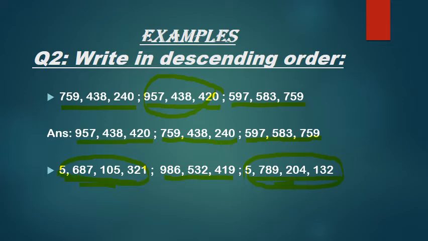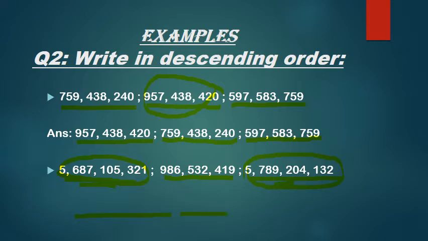So the number 5,789,204,132 is greater than 5,687,105,321.